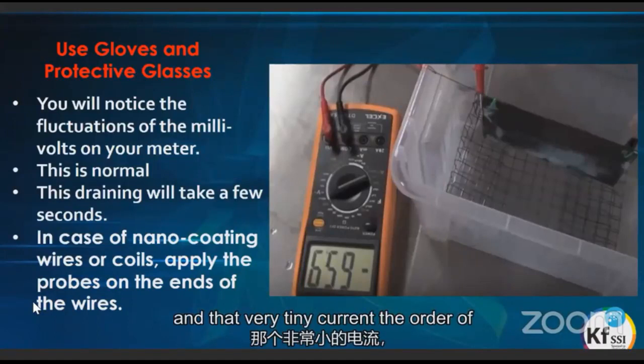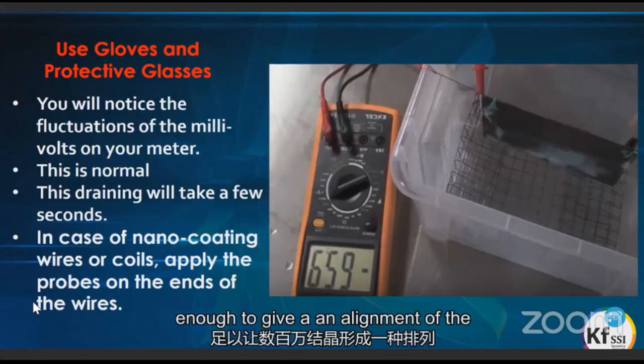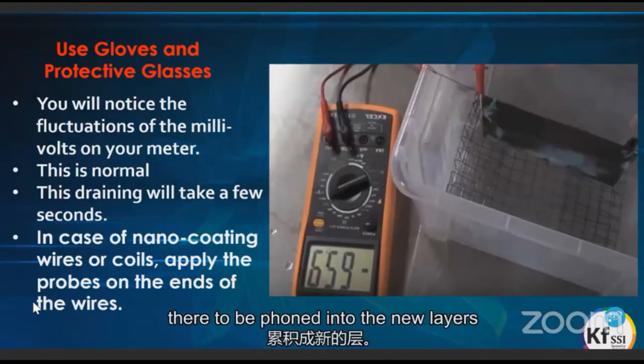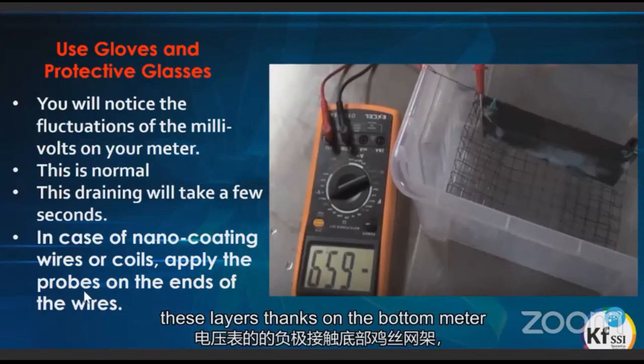And that very tiny current, of the order of nanoamps or milliamps, will be enough to give an alignment of the crystalline structure which is getting formed into the new layers. So it's a procedure to align these layers.